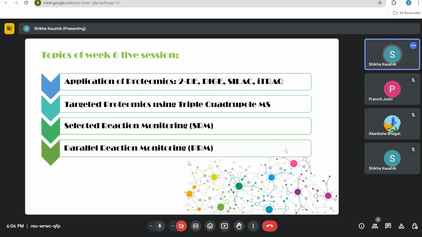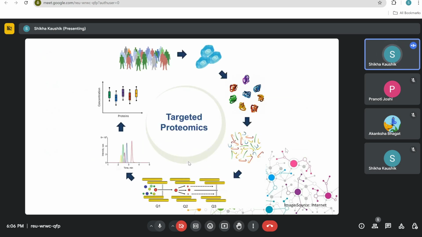I'll talk about the application while we discuss these modifications, or you can say advancements, of targeted proteomics. I have already discussed targeted proteomics.